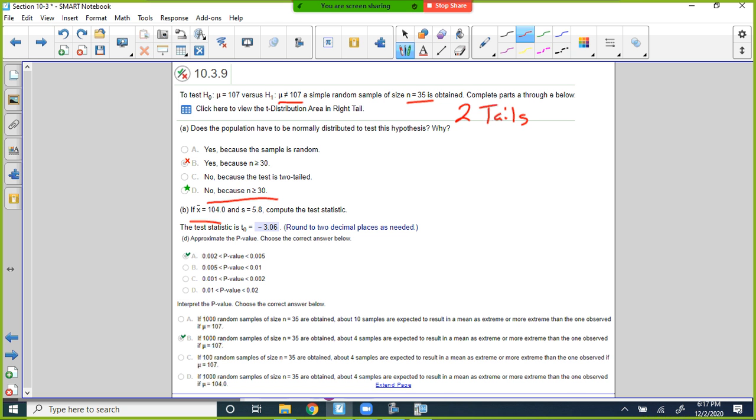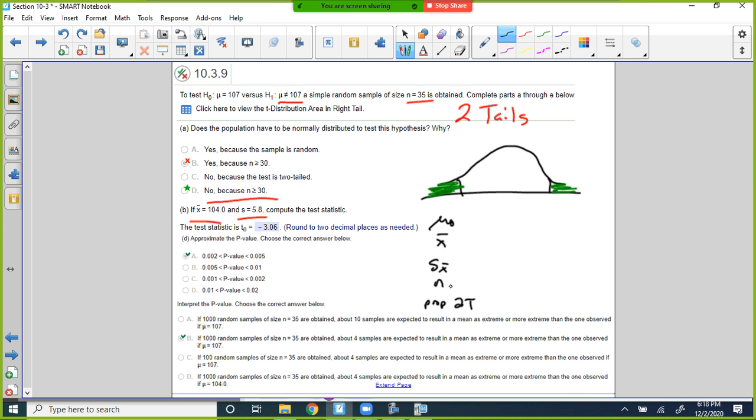Now, they gave us X bar and S, right? So it's two tails, right? Boom. So we got stuff over here, and we got it over here. So they want us to do a test, right? So we got mu naught, and then we've got what? X bar, S of X, N, and then proportion, right?